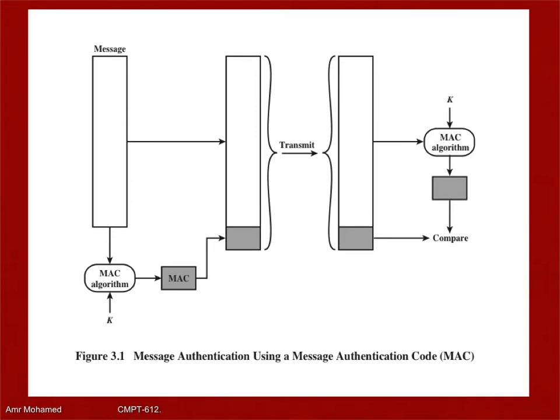This is the actual message. So we will feed that to an Hmac algorithm, and this Hmac algorithm could in fact leverage encryption, or could be a specially made algorithm to generate that Hmac. And then we append this Hmac with the message.